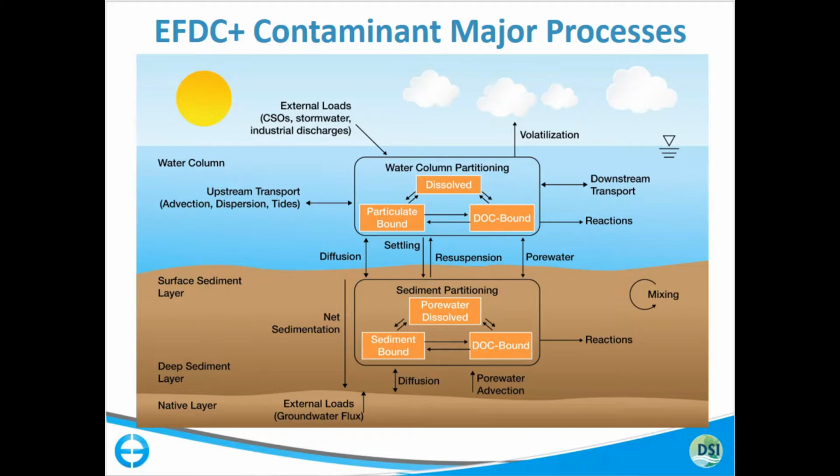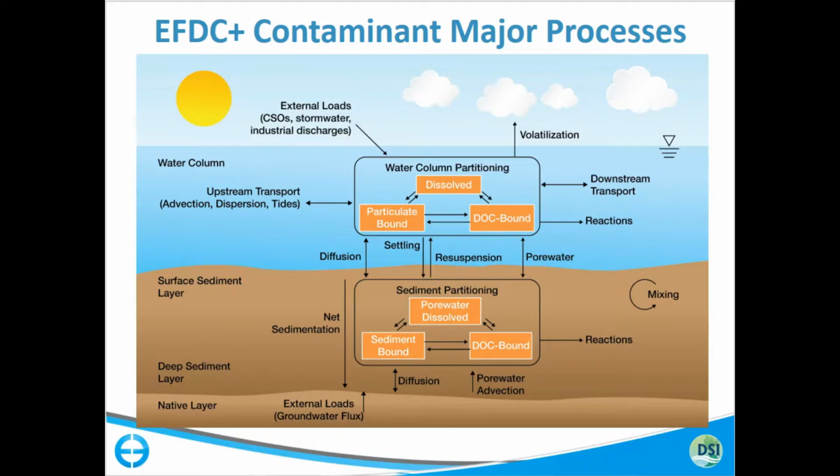What 1-phase partitioning is, you can have the dissolved material strictly bound to a particulate. That's the KD approach. So it's just a 2-number, you got the total and the dissolved. And that partitioning, that's an option.